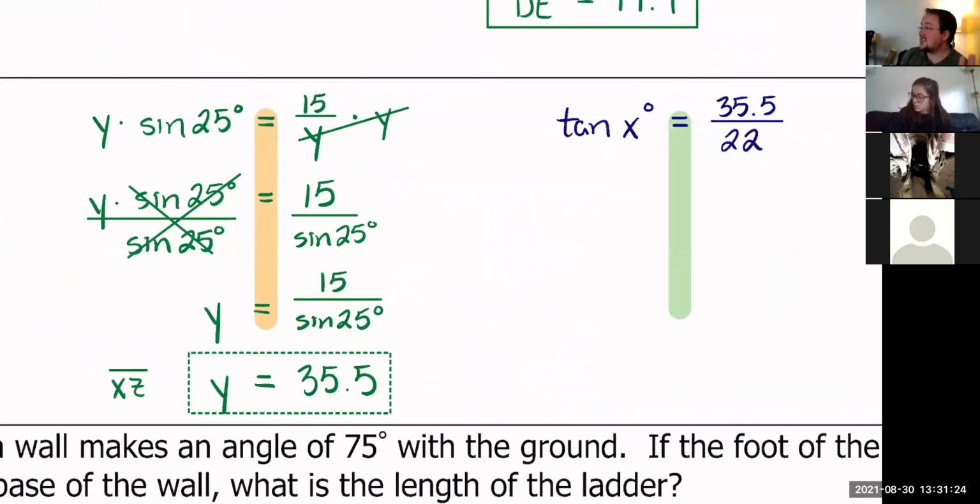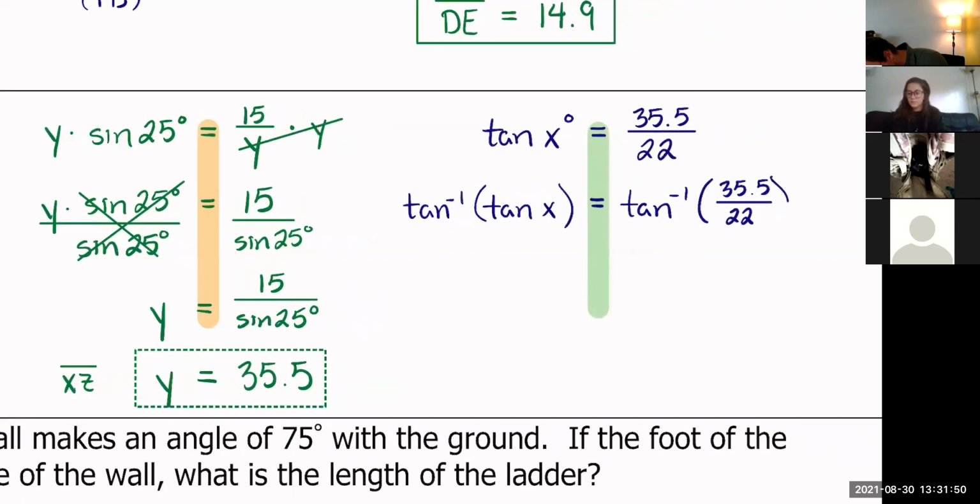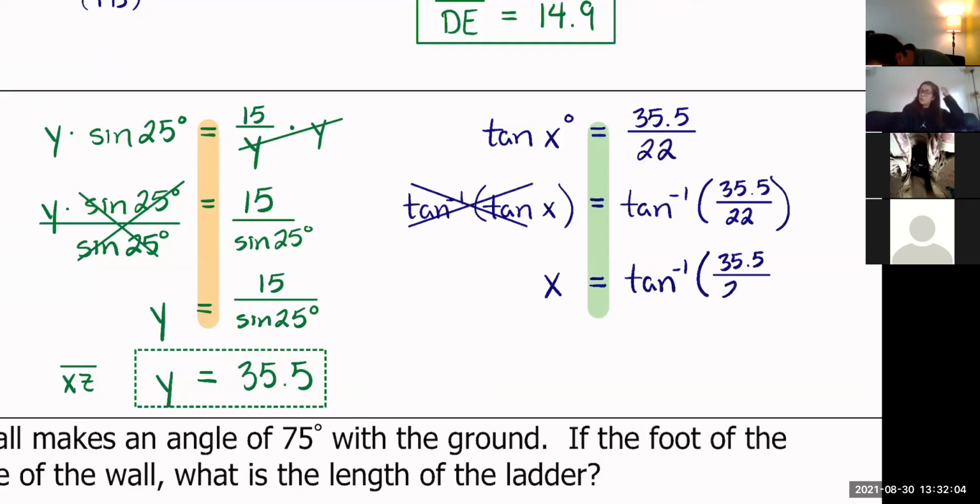So first thing I notice, X this time is trapped inside the tangent. I need that tangent to go away. So I'm going to use the inverse tangent, which we introduced today, to make that happen for me. Whatever I do to one side, I also have to do to the other. So I'm also going to have the inverse tangent of 35.5 over 22. On the left, inverse tangent and tangent eliminate each other, leaving me with X equals the inverse tangent of 35.5 over 22.